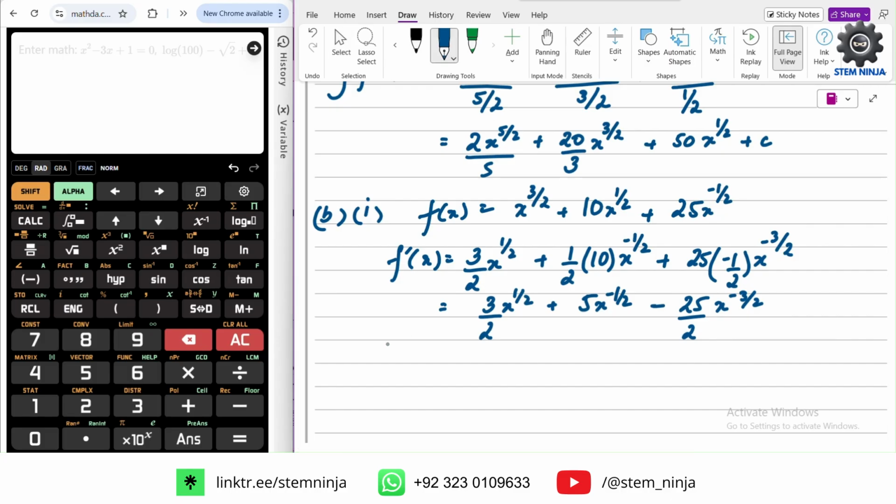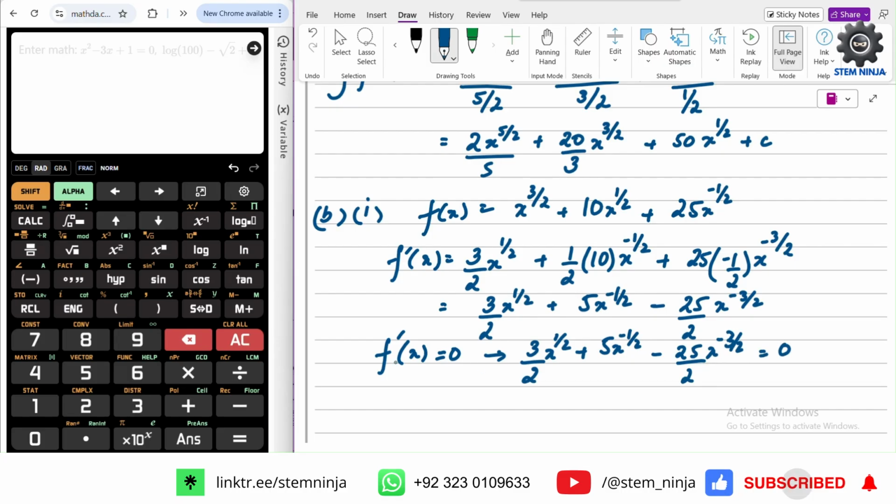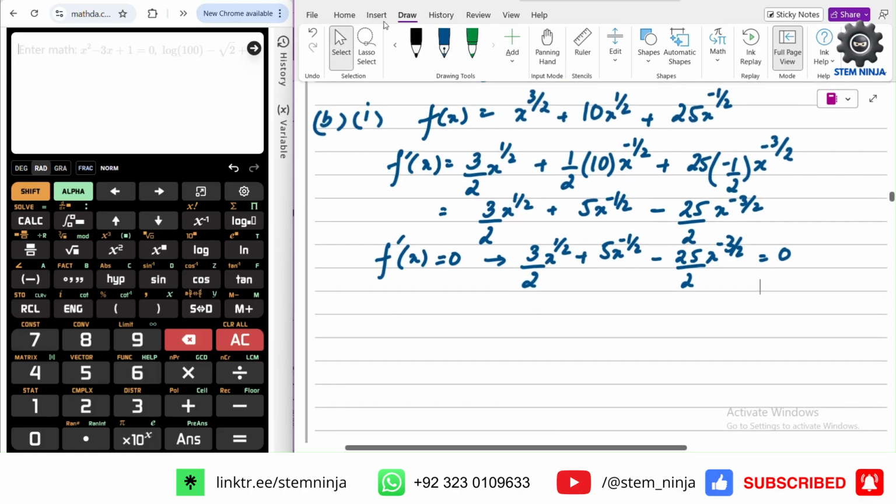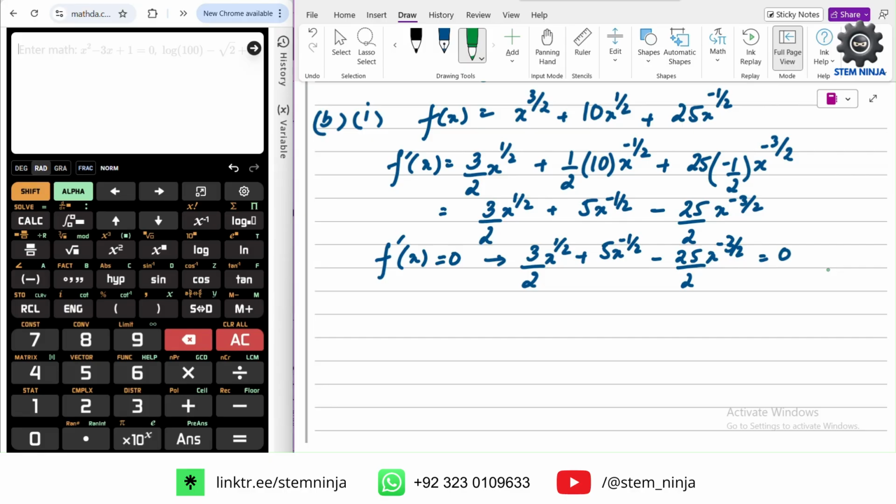Now when we equate this to 0, the entire thing becomes 3 over 2 x to the 1 over 2 plus 5x to the minus 1 over 2 minus 25 over 2 x to the minus 3 over 2 equals 0. We need to make it into the form. One thing we can do is multiply both sides by 2 to get rid of these denominator 2's. However, that won't be the only thing we do. We need to convert these powers of x into positive integers.